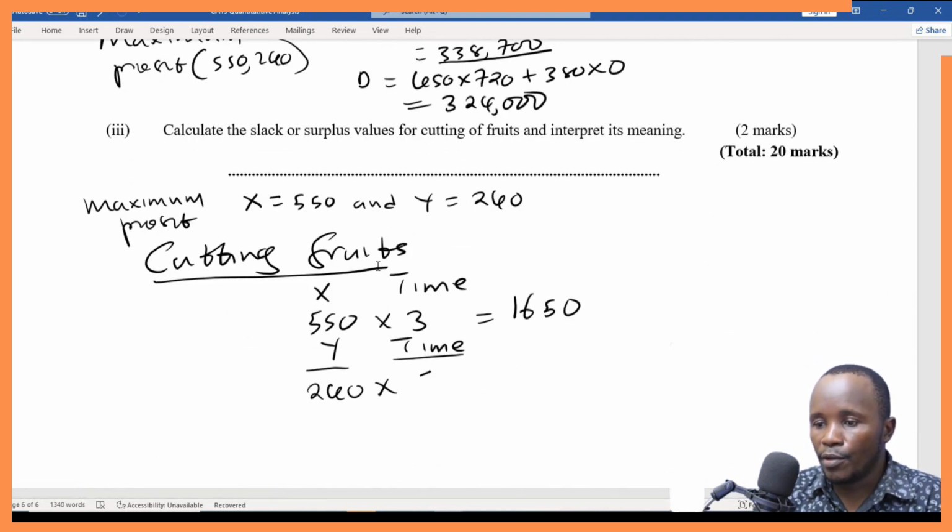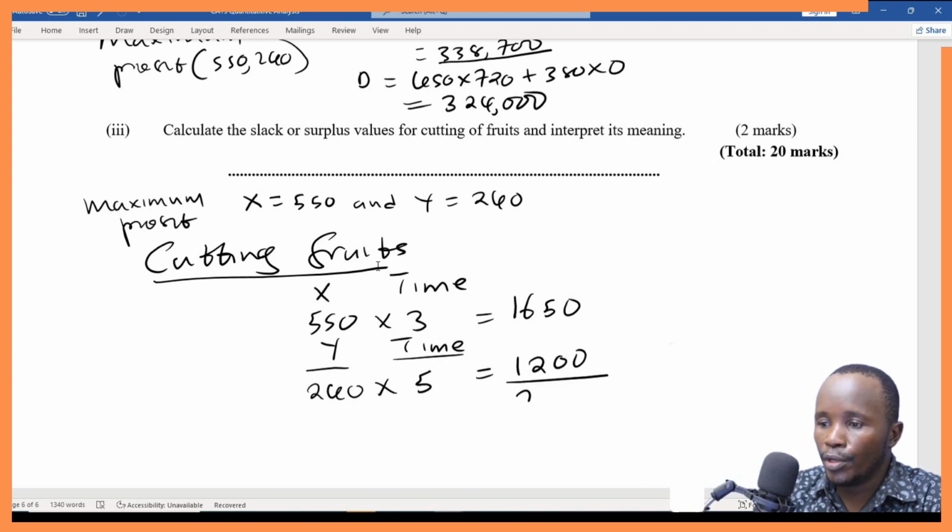What do we get? 240 times 5, 1,200. When I add these two, you get 2,850.